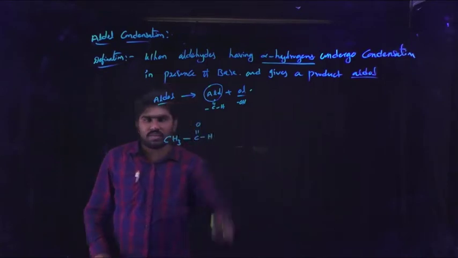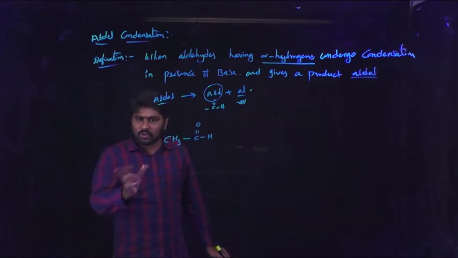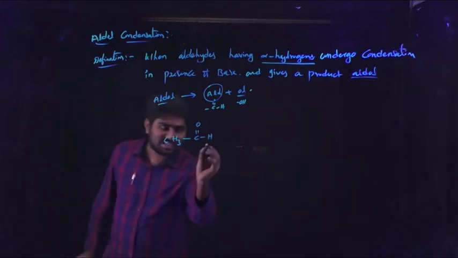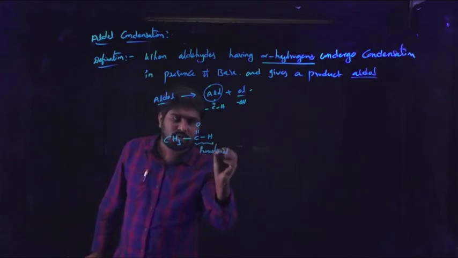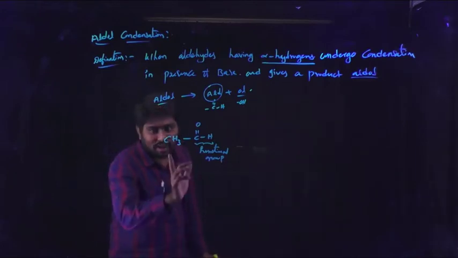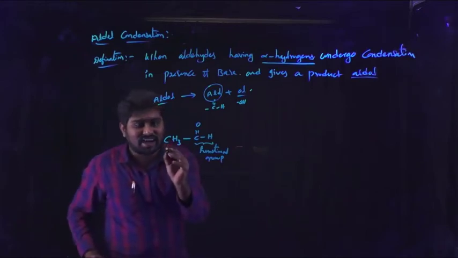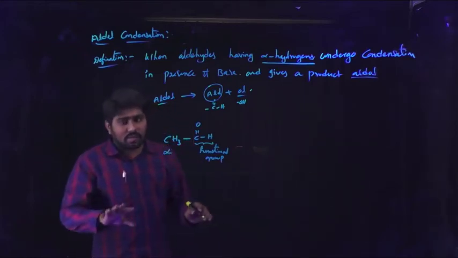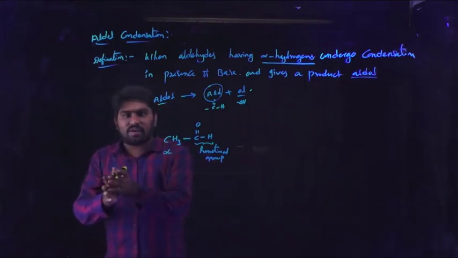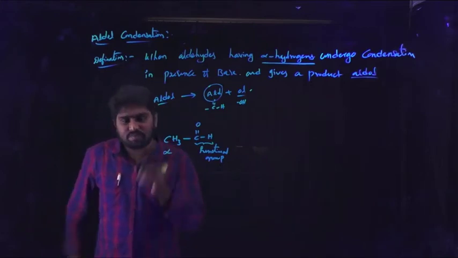We already know that the carbon which is adjacent to the functional group is called alpha carbon atom, and the carbon atom which is one more carbon away from the functional group is called beta carbon atom. I am showing that.